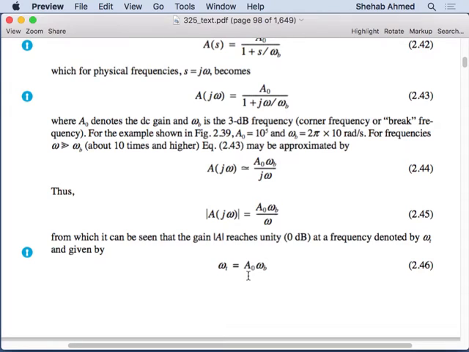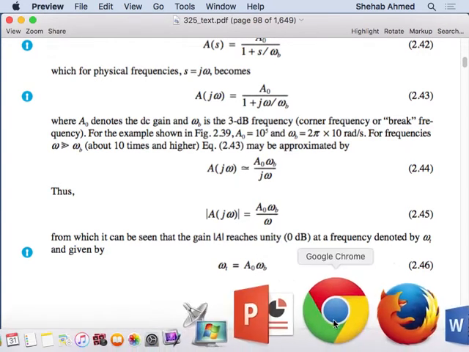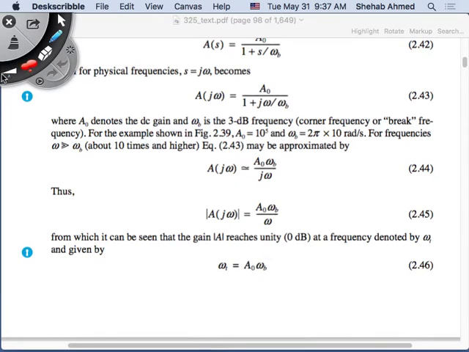At omega equals A naught omega B. If omega is equal to A naught times omega B, the top cancels with the bottom and I'm left with 1. Correct? If the magnitude is equal to 1, 20 log 1 is equal to 0.